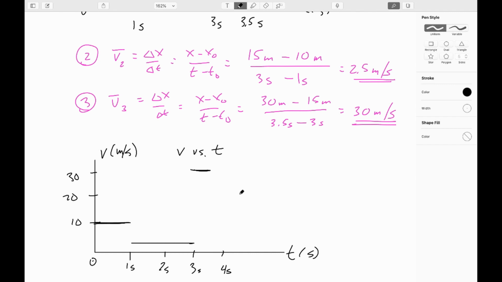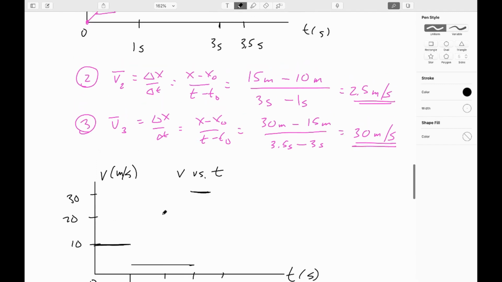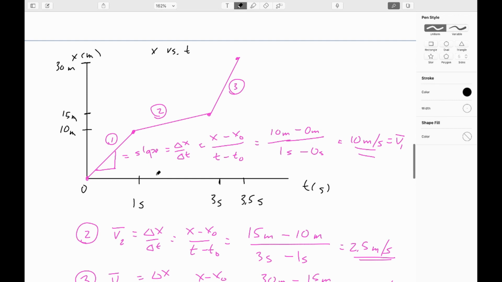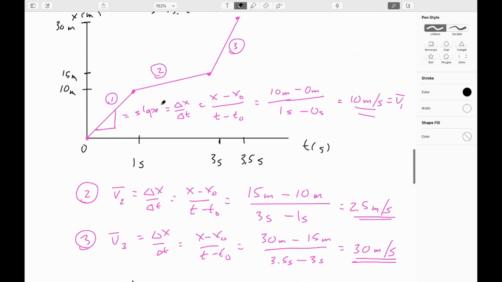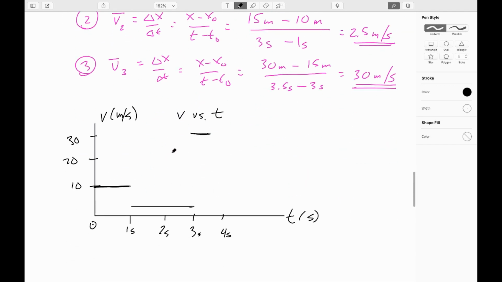So this would be the corresponding velocity time graph, and you don't need to connect these. And also, I'm not going to get into a big stink about drawing open or closed circles or anything like that. But this would be the corresponding velocity time graph. So this position time graph will always be associated with this velocity time graph, but it doesn't necessarily work the other way around.